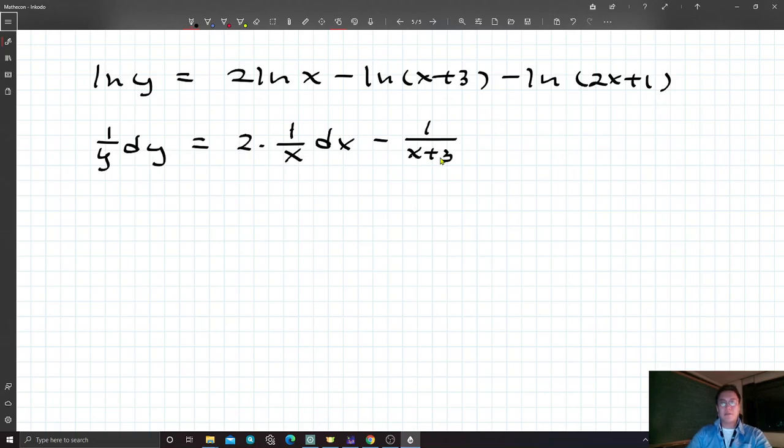So take the reciprocal and then multiply by the derivative of the inner function, that is 1. So dx. And finally the differential for the last term, that is take the reciprocal and then multiply by the derivative of the inner function, that is 2.